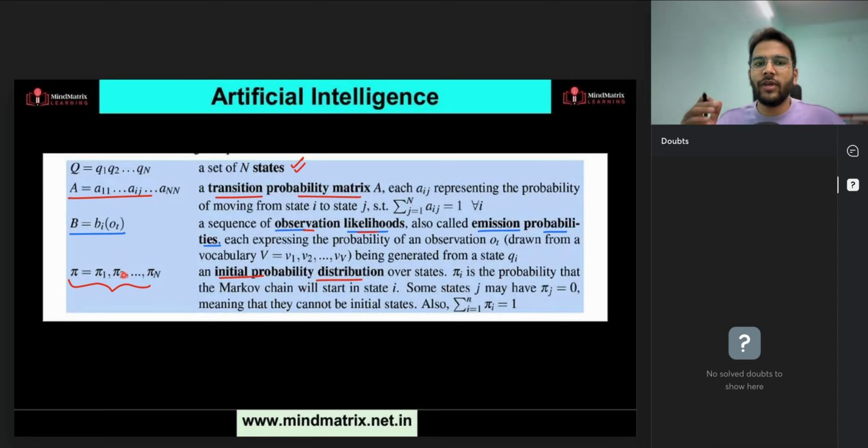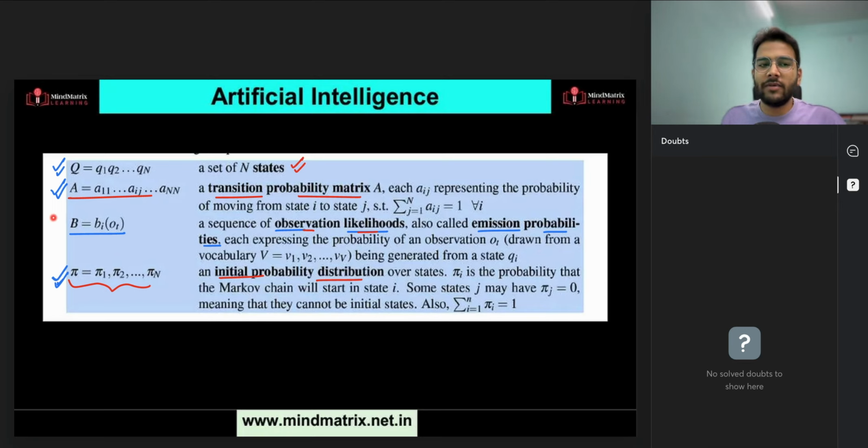We have a set of states, a transition probability matrix, which was also there in Markov chain, and we have the initial probability distribution over states, like what is the probability that you are going to start from a certain state I. Those who have attended the previous class know these three things for sure.